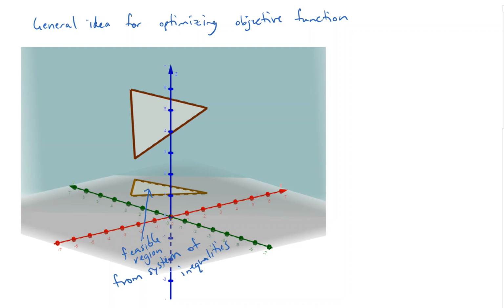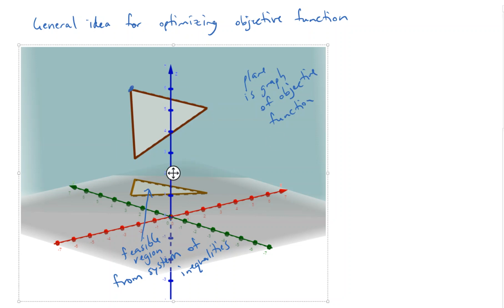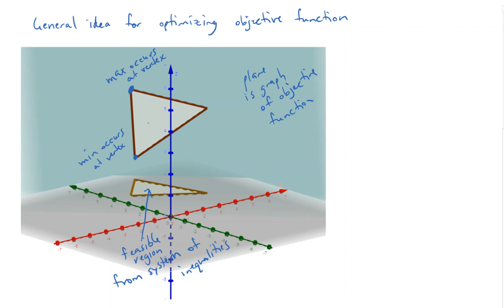And then up here, this plane is the graph of the objective function. So if we project our feasible region onto our objective function, we get this polygon, and what we can see is the maximum occurs at a vertex, and we can also see that the minimum occurs at a vertex. It does not occur anywhere else on the boundary or from the interior of the feasible region.